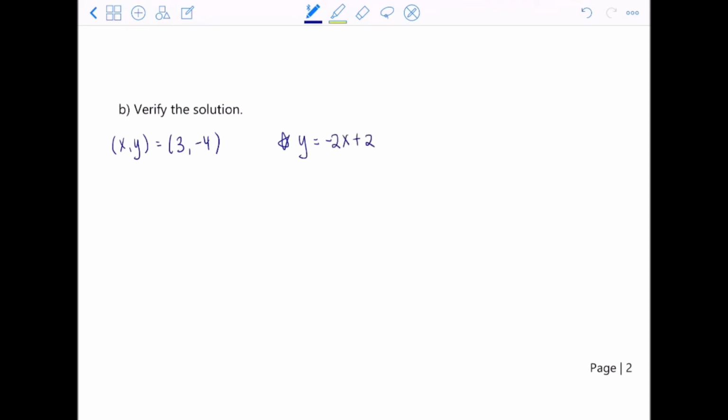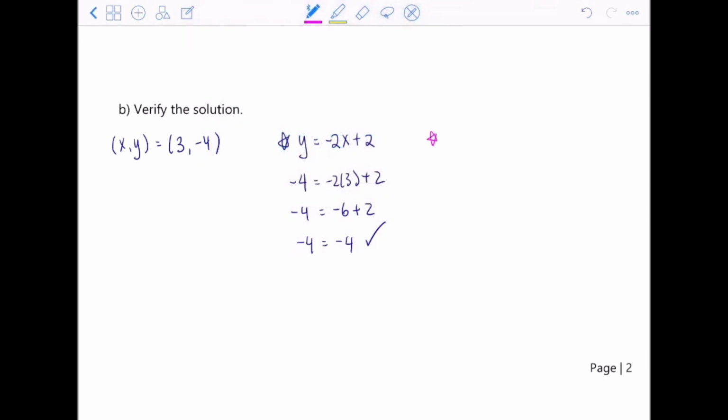And then we're going to sub in y as -4 and x as 3. So -6 plus 2 is -4 here. And hey, this turns out -4 equals -4. So this is valid. So yes, it works in this equation.